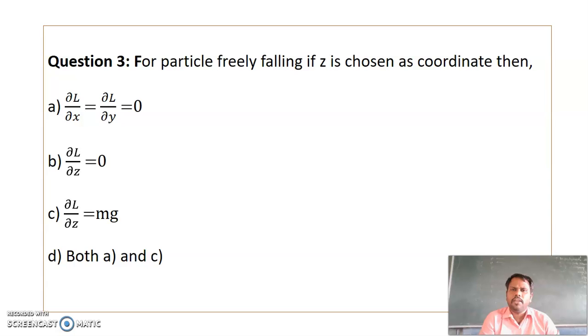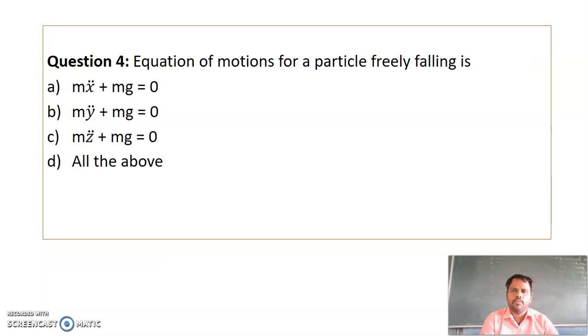Question number 3. For a freely falling particle, if z is chosen as a coordinate, then the condition is dou L by dou x and dou L by dou y are equal to 0, as well as dou L by dou z is equal to mg. So the option is D. Question number 4.